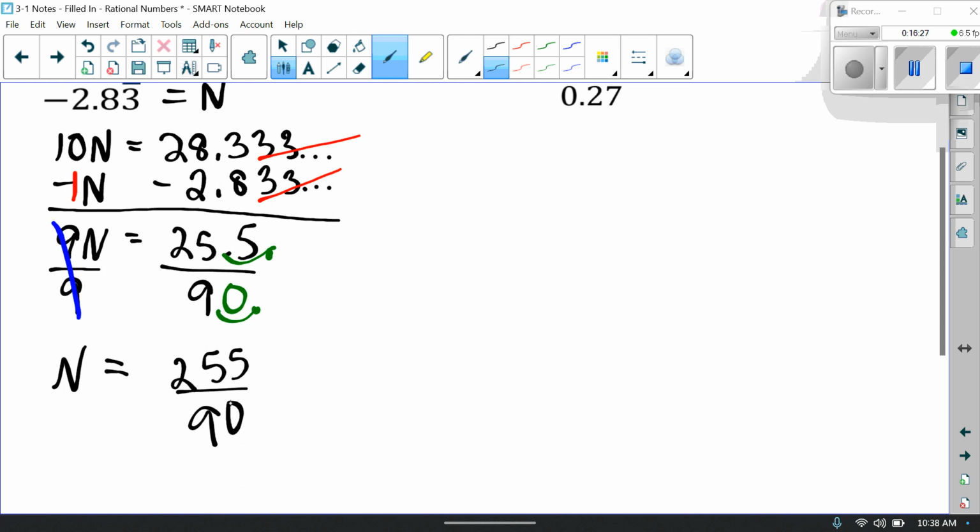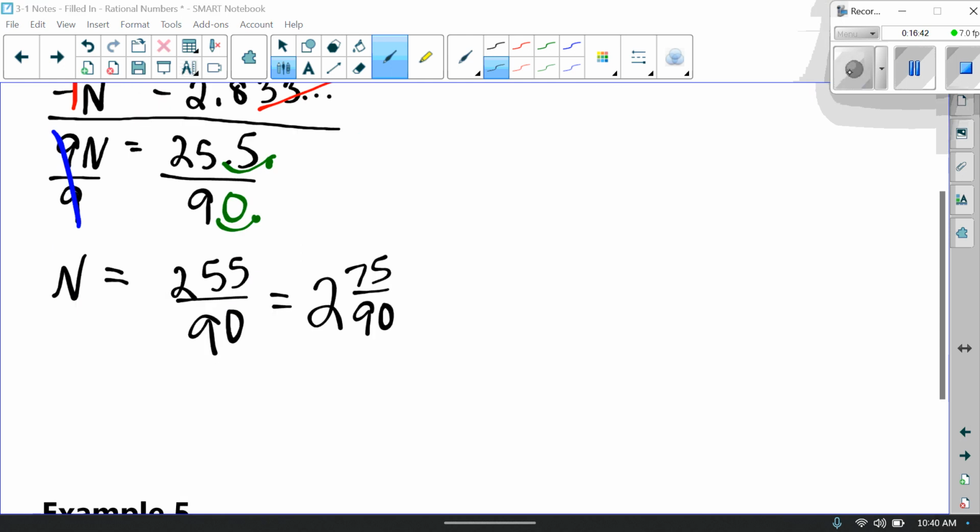And now we can change that to a mixed number. You with me? Okay? So how many times does 90 go into 255? All right, so 90 goes into 255 2 times with 75 left over. So this is going to be 2 and 75/90. And there's my fraction.